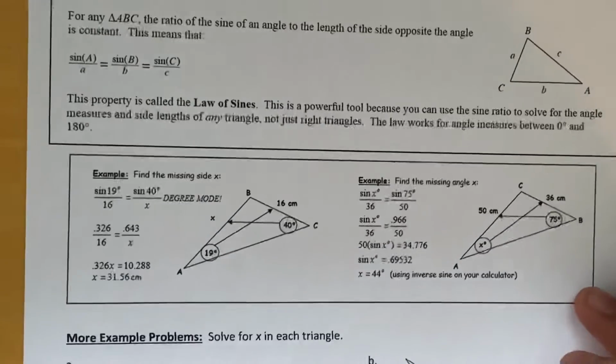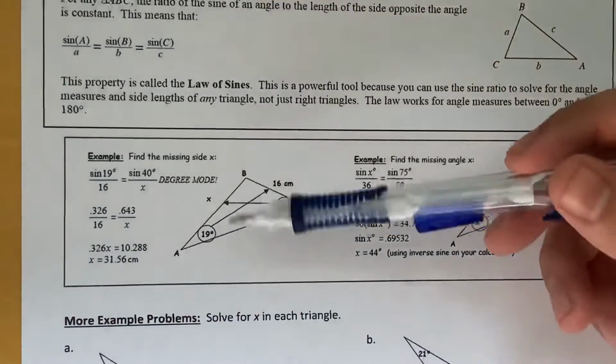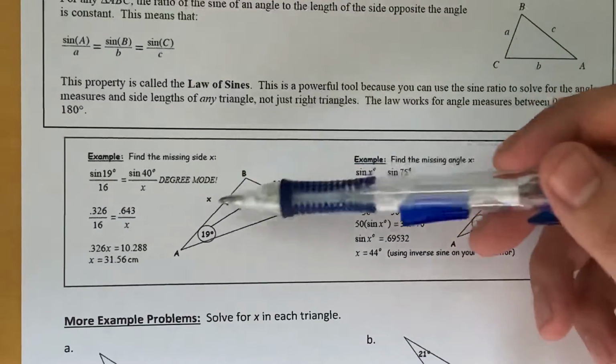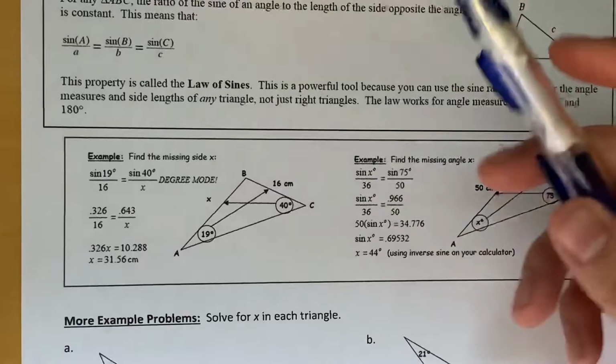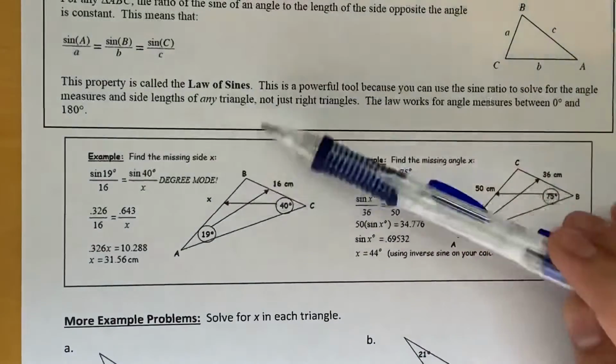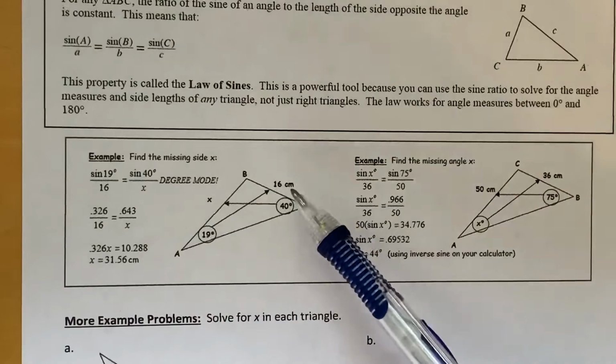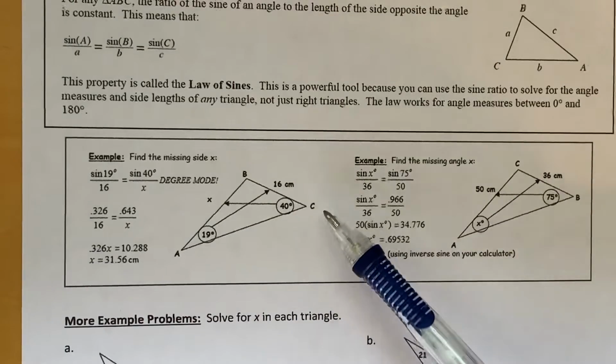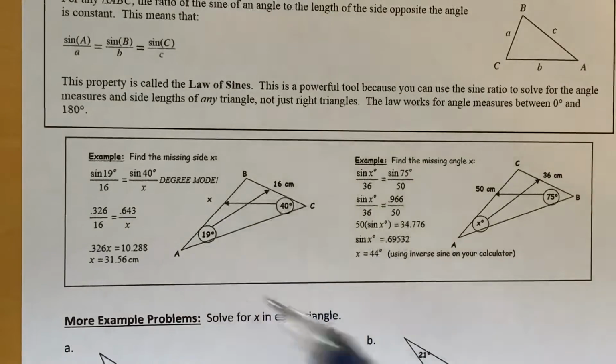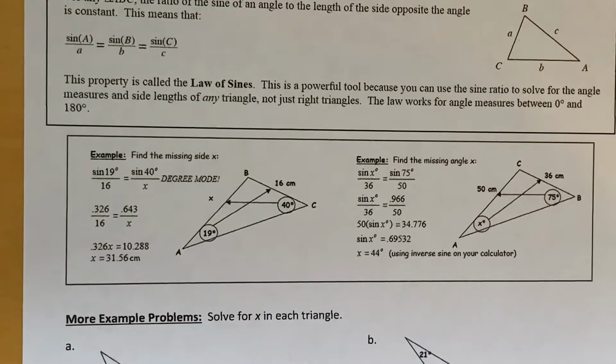And then if we look at the example problems, first of all, leave your calculator in degree mode. And in here, they used sine of 19 divided by 16 equals sine of 40 over x to solve for x. So we're starting to get into solving for non-right triangles and how to figure out each side length and whatnot.